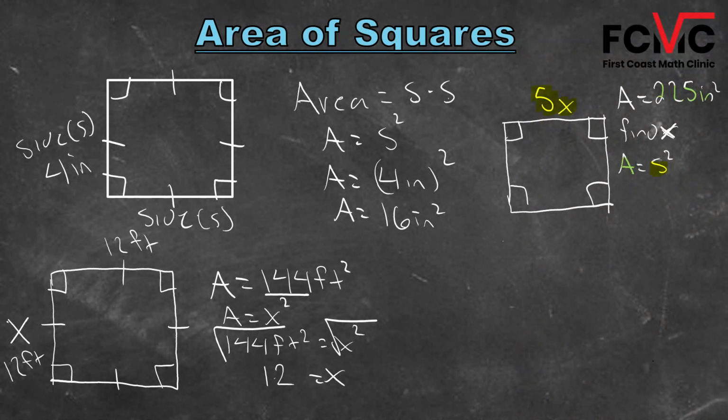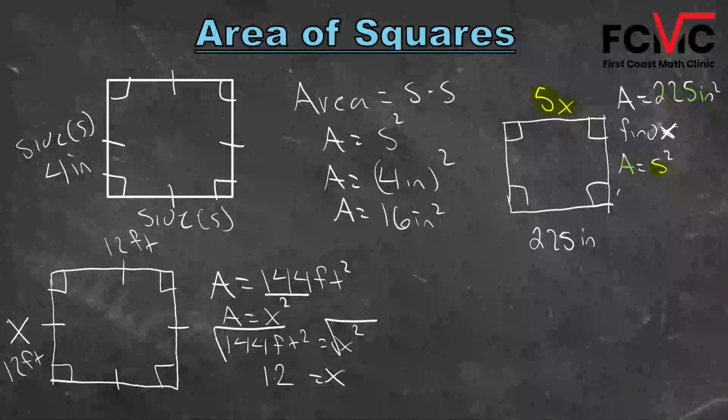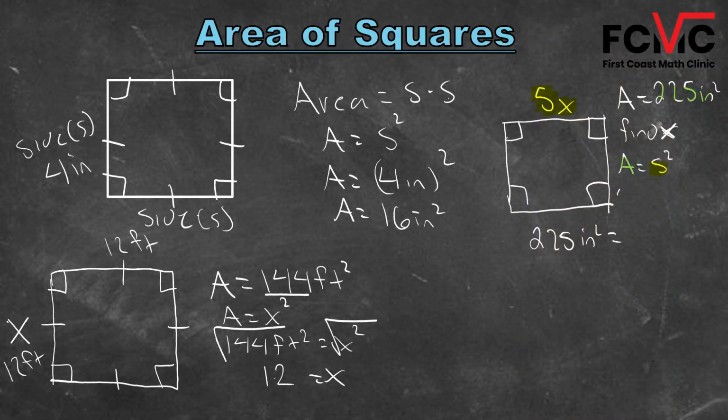The area in this case is the 225 inches squared. So we're going to have, we'll write it down here, 225 inches squared equals (5x) squared. I want to put the 5x squared in parentheses because I'm squaring the 5 and the x as well. If I just wrote it like this, then I'm just squaring the x, not the 5. So I want to make sure I put it in parentheses.